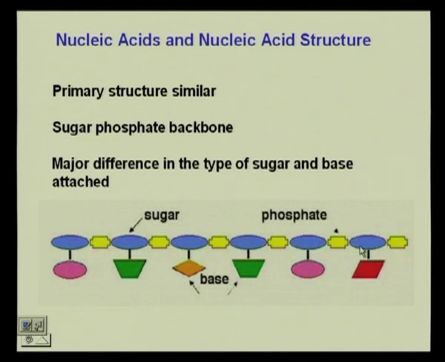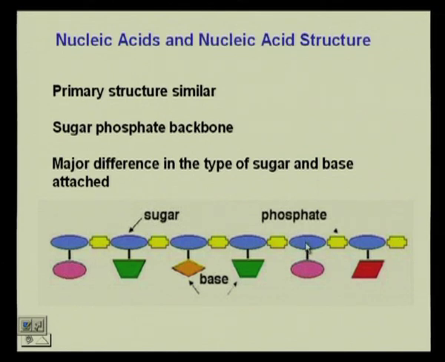The difference is in the type of sugar, because one is a ribose sugar and one is a deoxyribose sugar. Now, the difference again also lies in the type of base that is attached to the ribose or the deoxyribose ring.